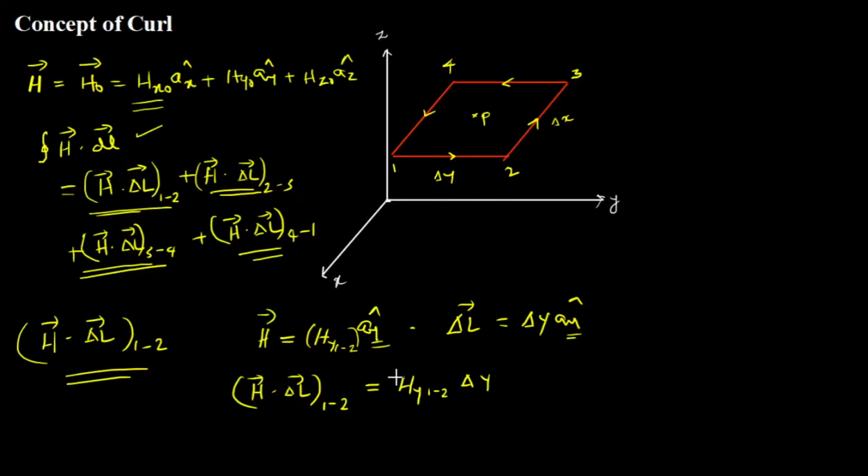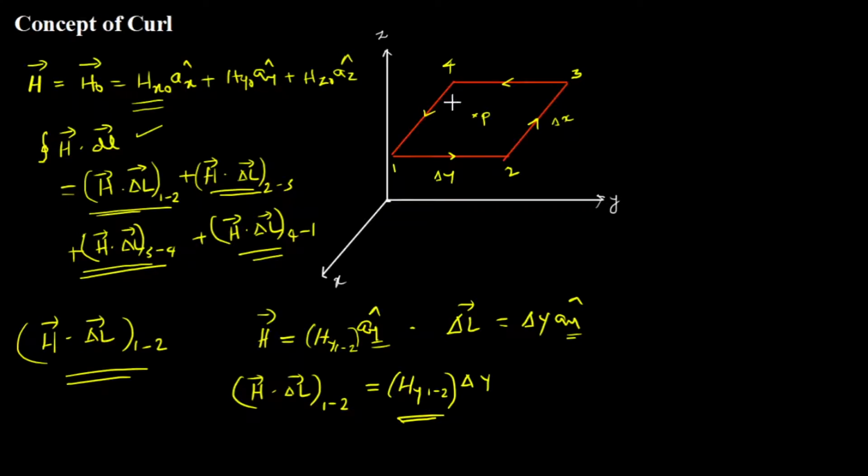Now to proceed further, I should be able to evaluate Hy(1-2). How to evaluate Hy(1-2)? Okay, so Hy(1-2) is the magnetic field intensity along the closed path from 1 to the point 2, and I know that at point P I have Hx0 x cap plus Hy0 ay cap plus Hz0 az cap.